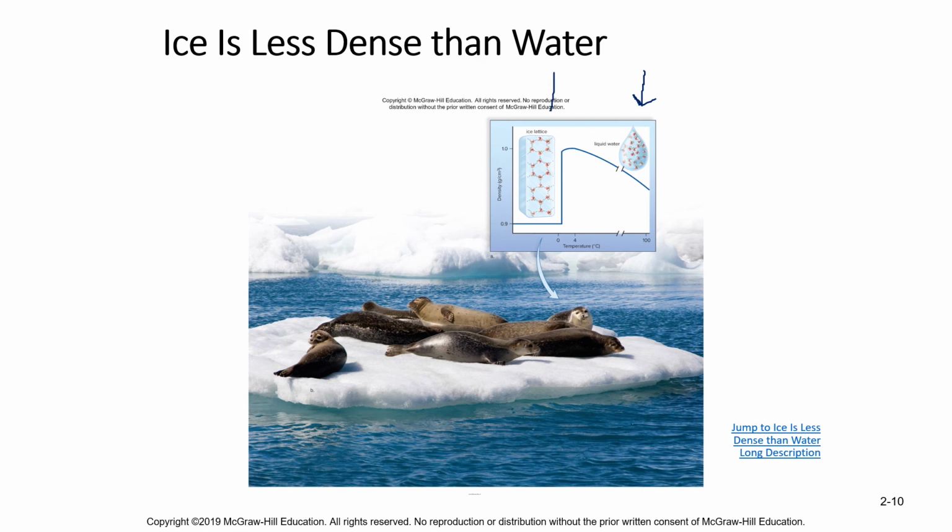But if you look at solid water, the length of the hydrogen bond standardizes because those molecules are moving around less. The hydrogen bond length will stabilize. As an average, they get longer, so there's more space between the water molecules. And therefore, with more space, it's less dense.